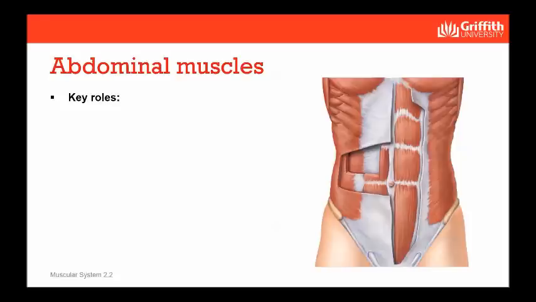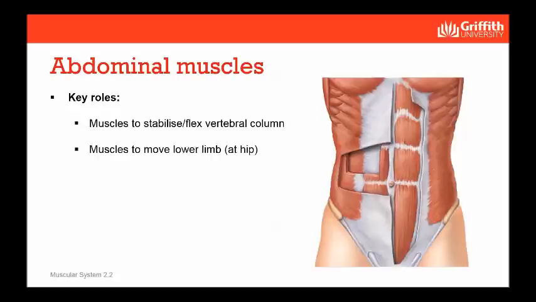Moving inferiorly from the thoracic region, we will also look closely at the abdominal muscles. The key roles of the abdominal muscles are to stabilize and flex the vertebral column, and to move the lower limb at the hip joint.